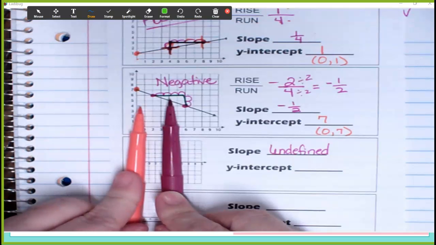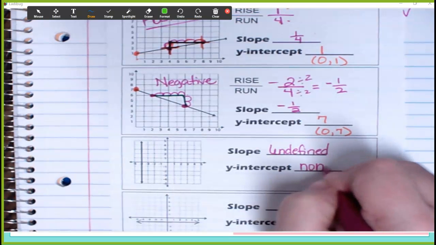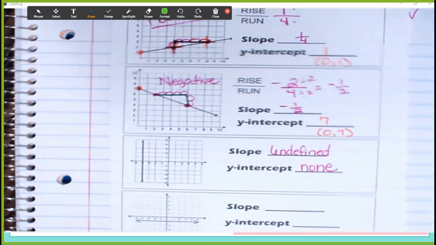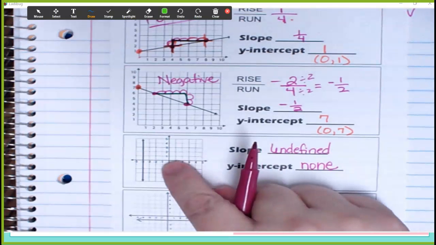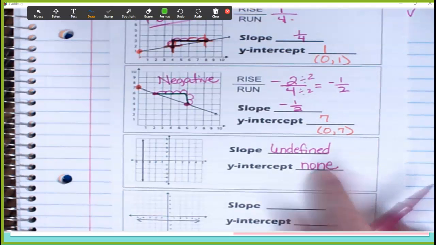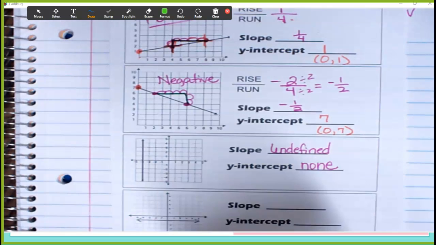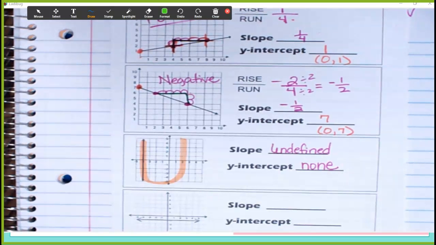No. So will it ever cross that Y-axis? No. So there is no Y-intercept. It will never cross. I can't say 0 because if I said 0, that means it crosses through 0 at the origin. So I say none. And I can help myself remember with the letter U for undefined, or I could make an N for no slope.